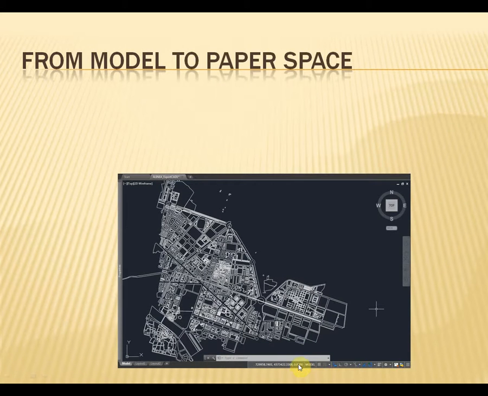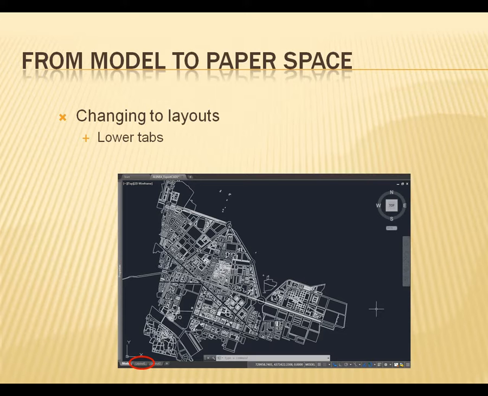But sometimes when you have finished your work in the model space, you can go to the layouts in the paper space. In order to change to layouts, you have several possibilities. First, you have the lower tabs with the label layout 1, 2, and so on.